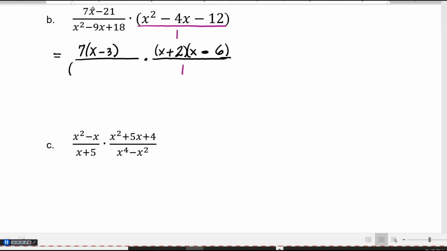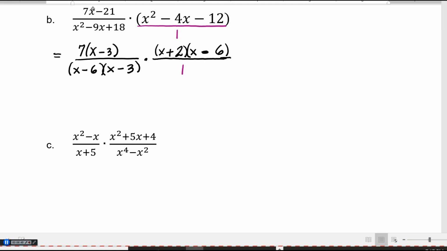And then x squared minus 9x plus 18: x minus 6 times x minus 3 will work because negative 6 times negative 3 is positive 18, but when you add them, you get that negative 9x that you want. So now, since everything is factored completely, you could cancel.